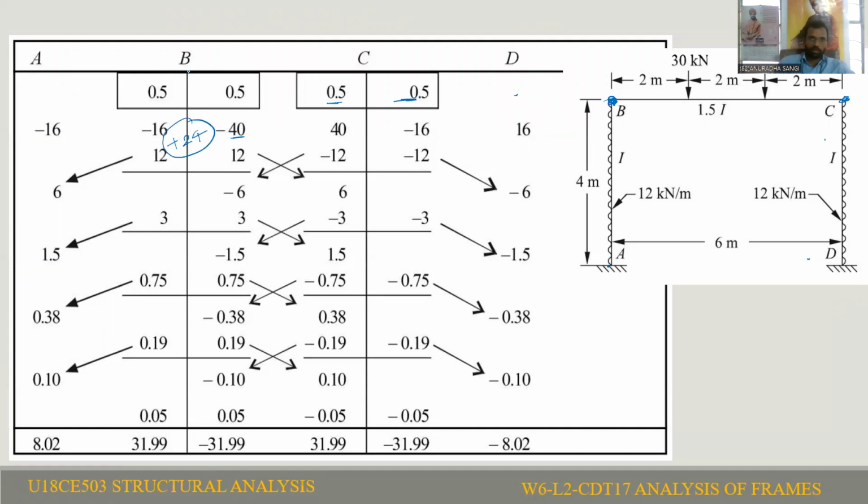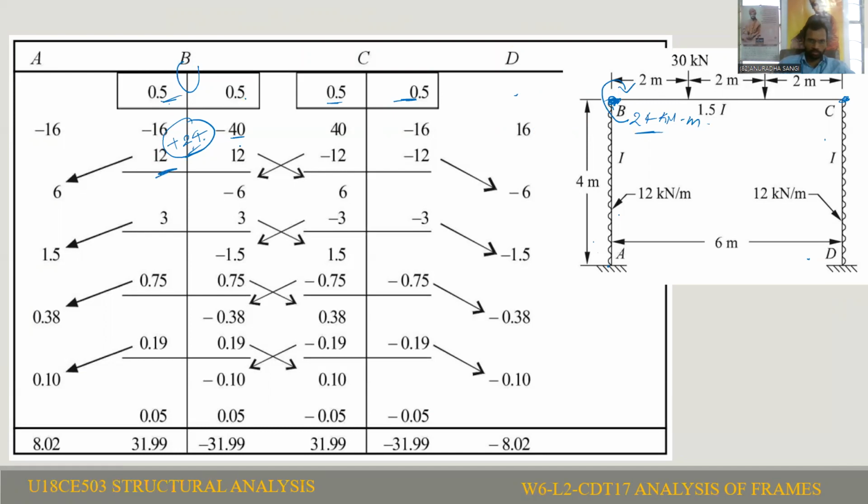That is a clockwise moment of plus 24 that we are adding. Because of the application of plus 24 at joint B, it will distribute to its members. At joint B we have the BA member as well as the BC member. It will transfer to BA: 24 multiplied by the distribution factor of BA, 0.5, which is 12 kilonewton meter.